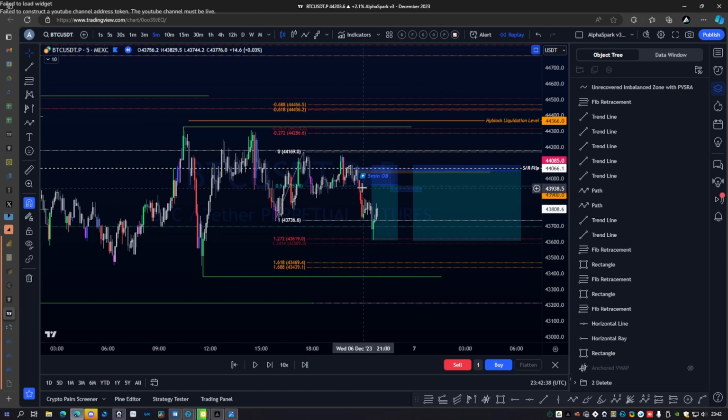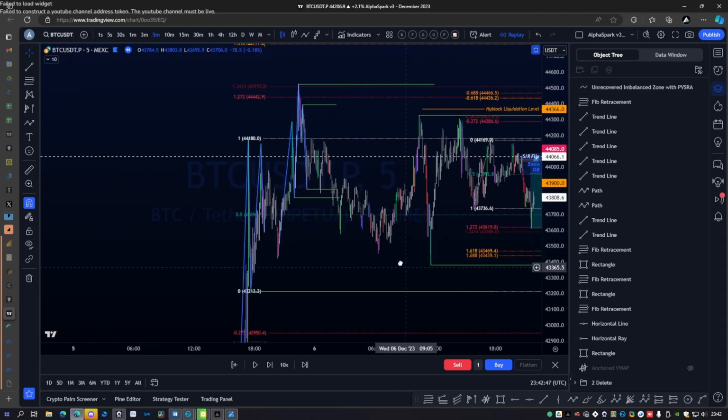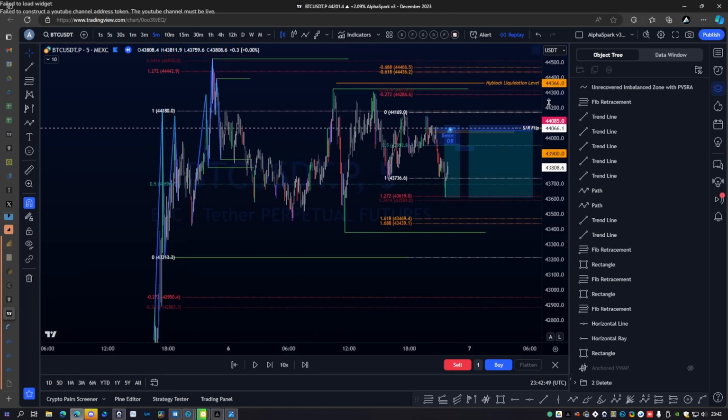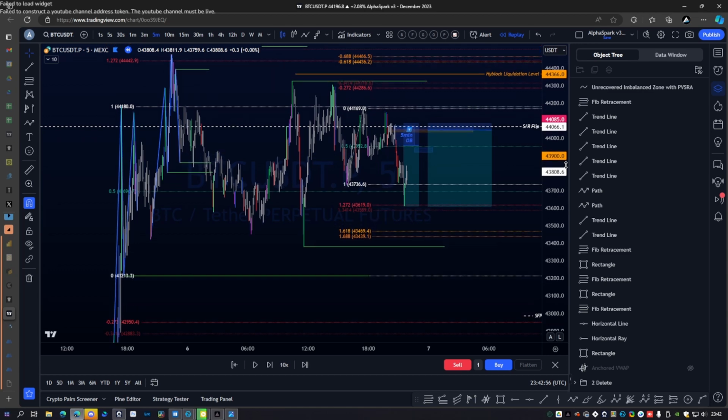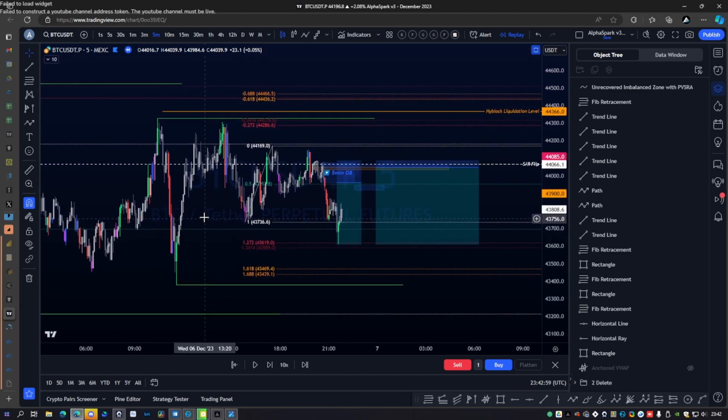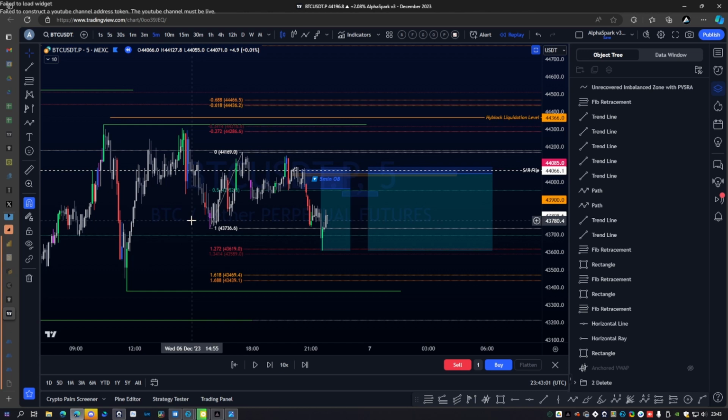However, because we had that 5-minute order block just at the 0.5, and because our bias is that after going to the upper TR pocket, we are probably headed to one of the lower TR pockets, it is still likely, from a probability point of view, that you can continue going down.